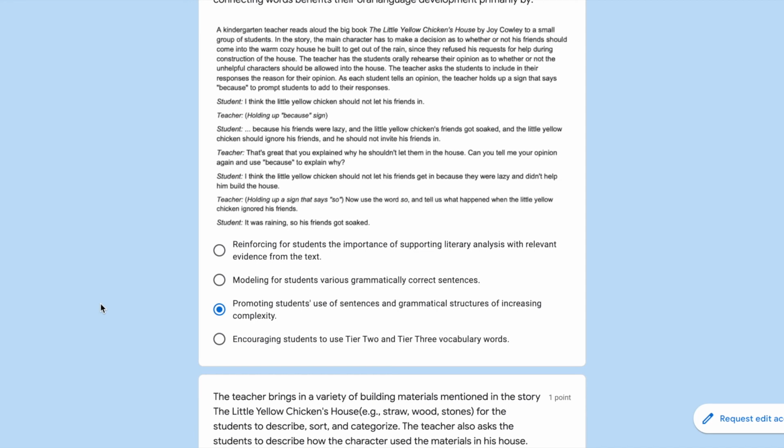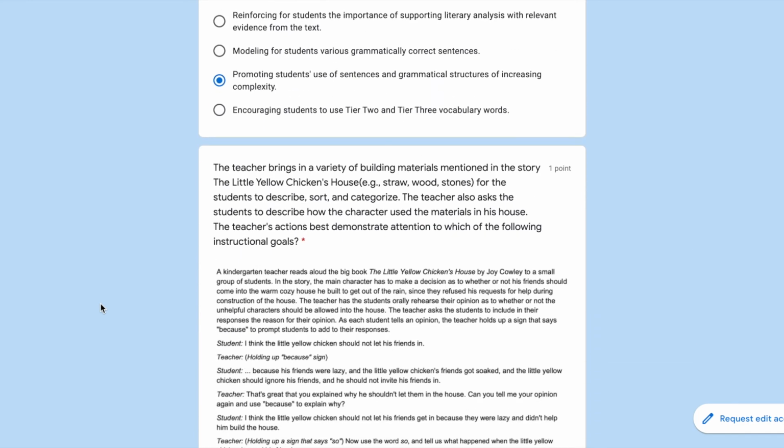Now, doing this, the teacher in effect supplies the conjunction so or because to the student who needs it, and then therefore is able to form a complex sentence. Super cool. If you have those already typed and laminated and you ask a question, the student provides a response, and then you just hold up the because sign, it just naturally elicits a reason, which is really cool.